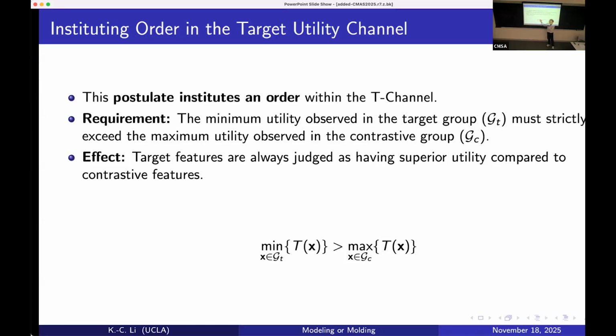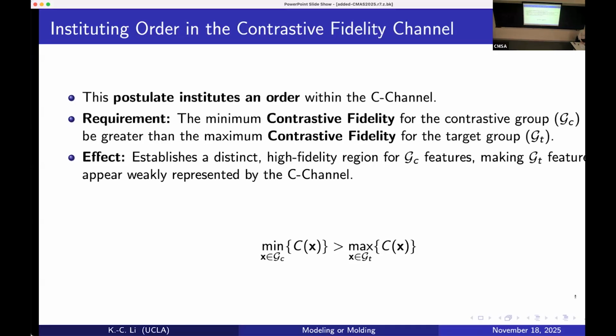So the leader of this feature has to be bigger than the largest of those from the other classes. So that's a postulated one. And it's the same on the C side. This is contrast, so you just switch it around.